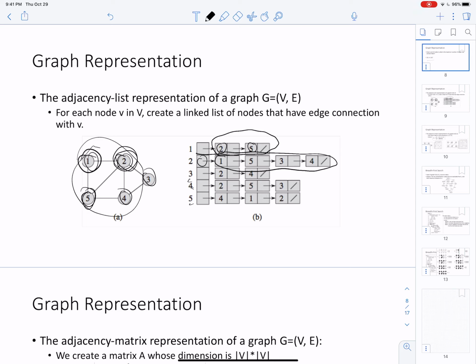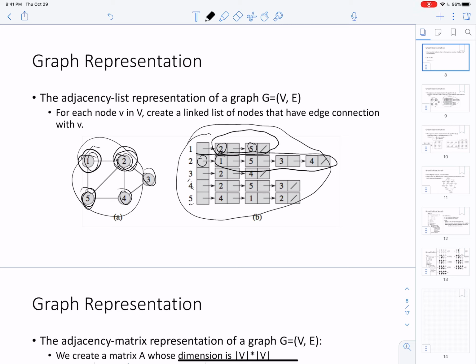So for each node, we create a linked list that stores its neighbors, so that given this array of linked lists, we'll be able to tell how many nodes are in the graph, and whether there is an edge between a certain pair of nodes. This is one way to represent a graph in a computer program.